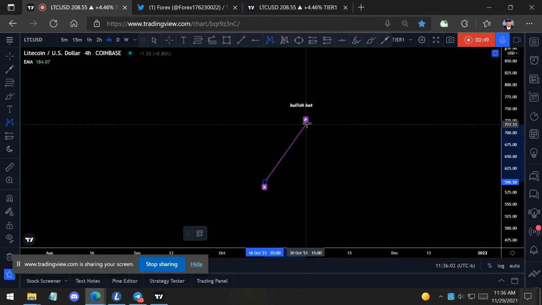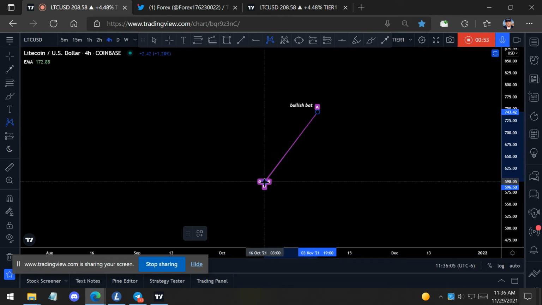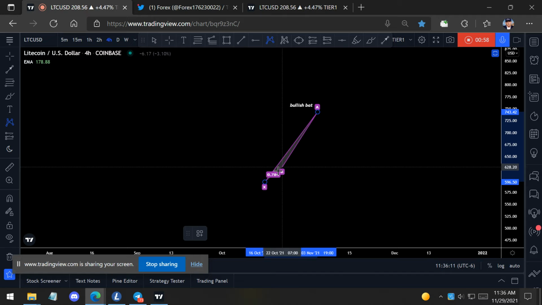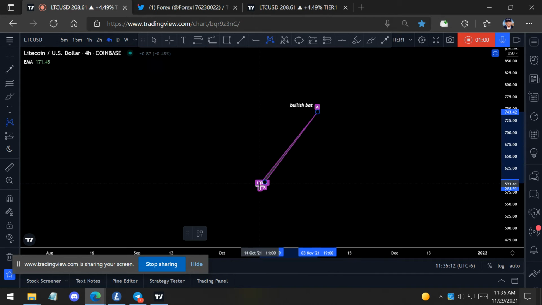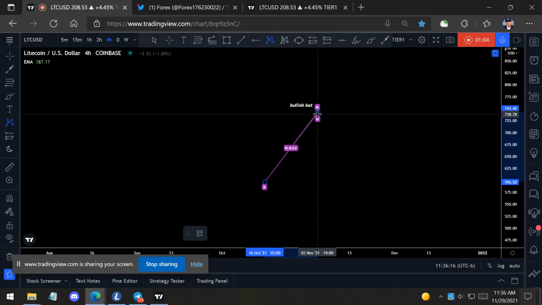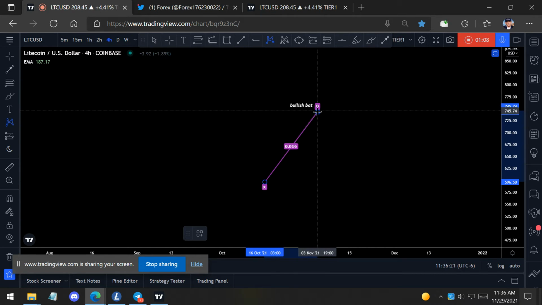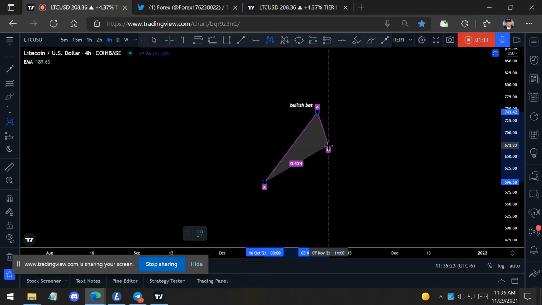You gotta have an X to A leg. The X to A leg has to break structure to the left. I need this to be an impulse leg, not an anchor leg, an impulse leg. So it has to break previous structure. After I get the X to A, I look for a 50% retracement.